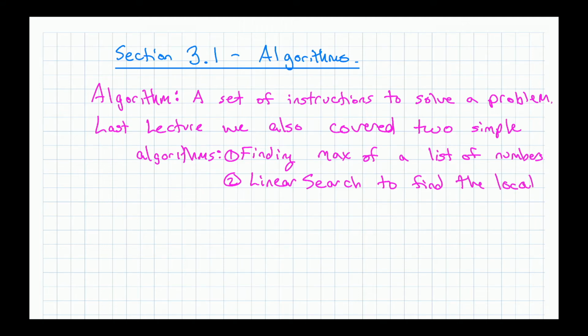Find the location, which we described as an index, of a number in a list. All right, so that's what we did in the previous lecture. If you're looking for that, then go find part one, because this is part two.